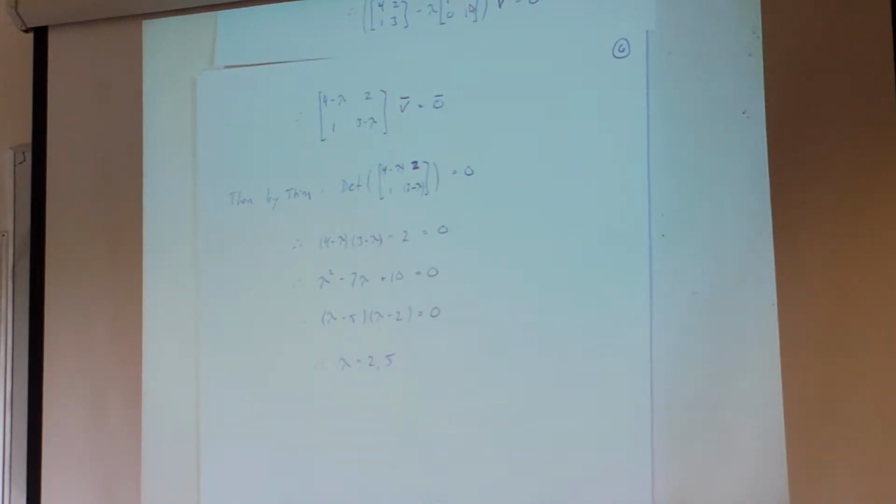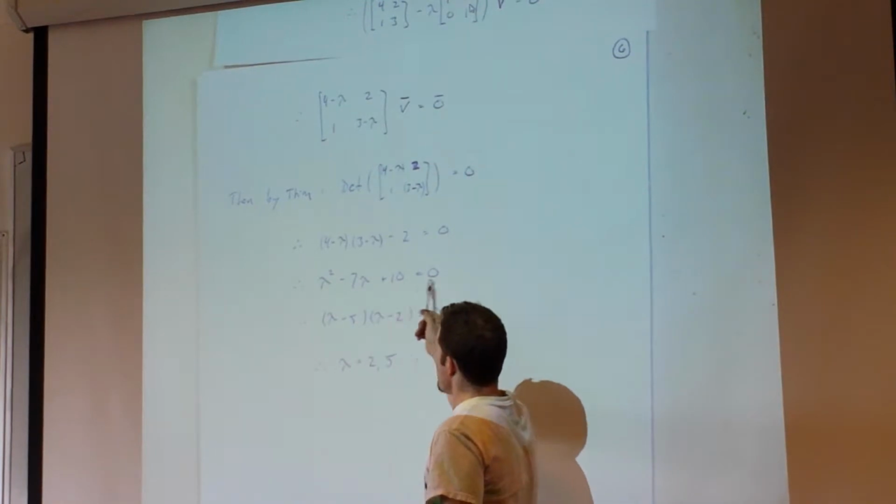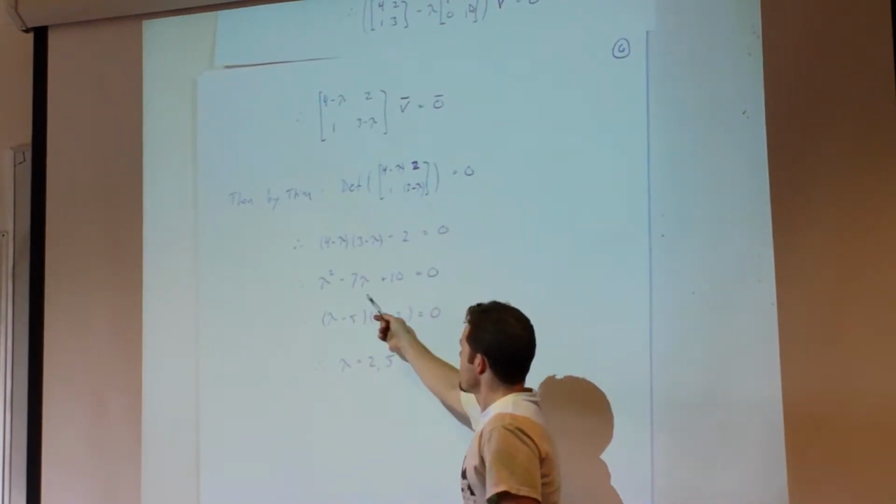So we got 2 eigenvalues, right? By the way, sometimes this is called the characteristic equation of a matrix.